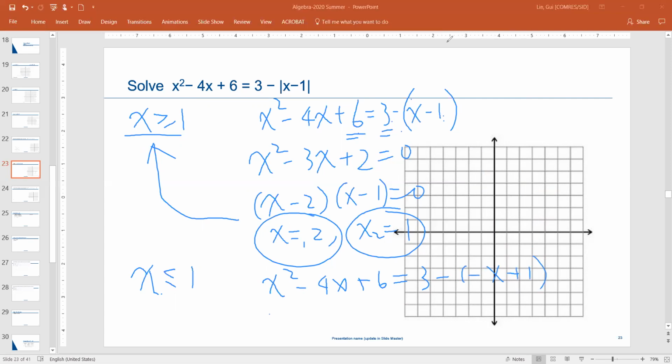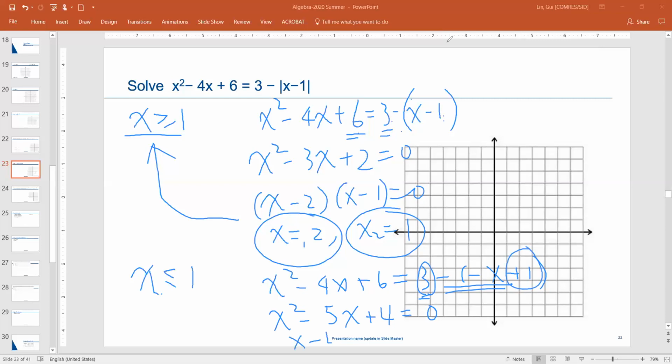So what do we change? Minus 5x; here it became positive x. Move to the left and make 5x. So 3 minus 1 equals 2, and here it's 4.